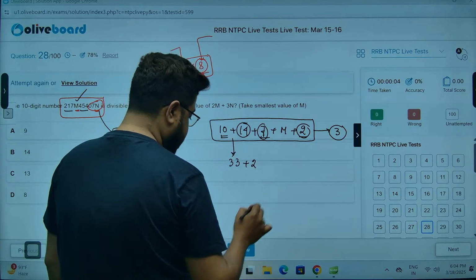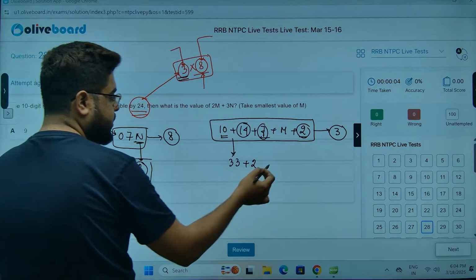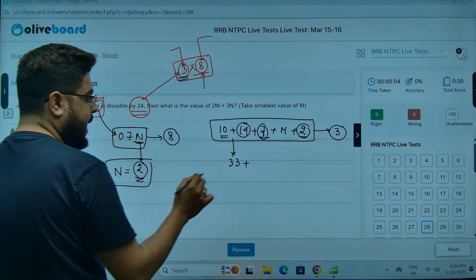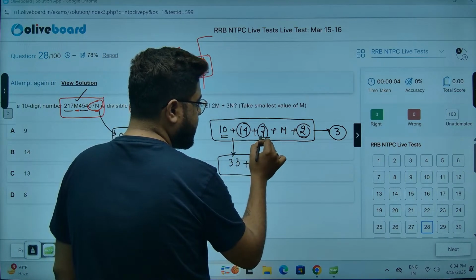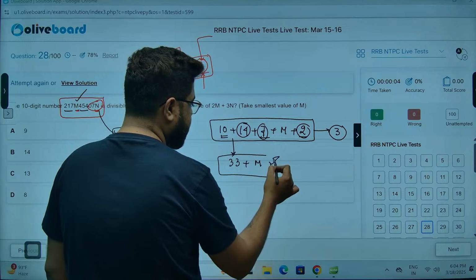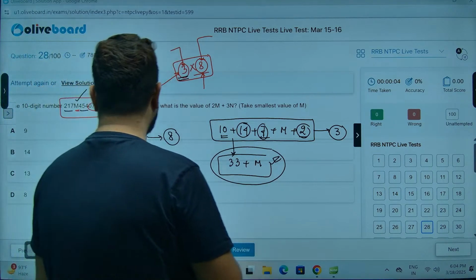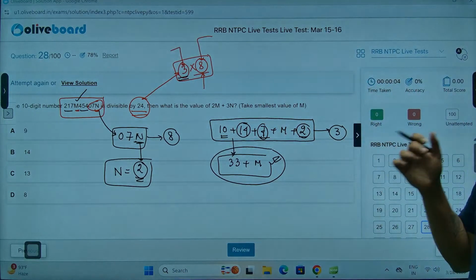33 plus m was there. Now tell me, what is the smallest value of m for which this is divisible?